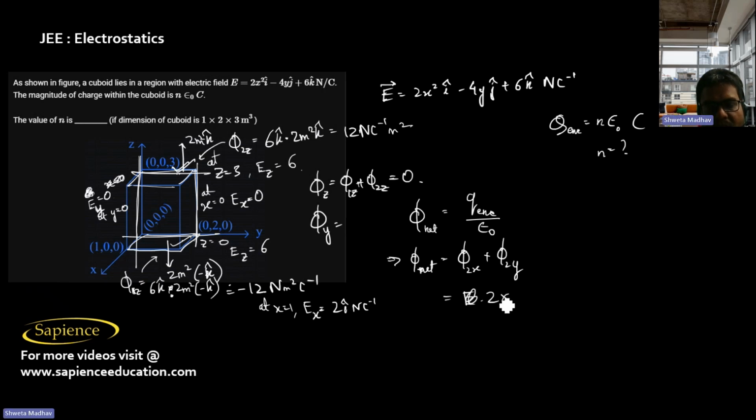So this will be 2 i cap dot the area, which is 3 into 2, so 2 into 6, that is 12 Newton meter square per coulomb, plus phi 2y. Through this, that will be, at y equal to 2.